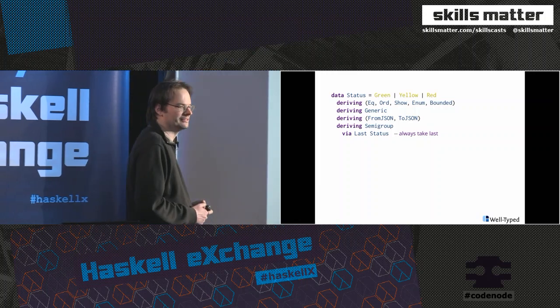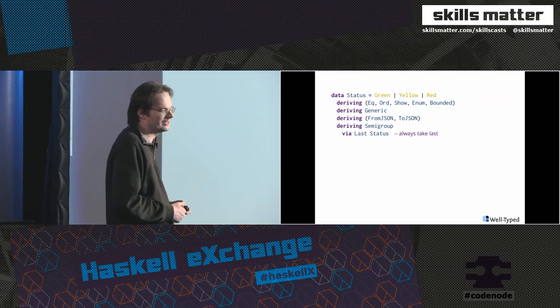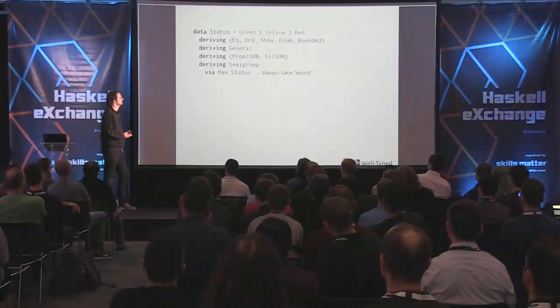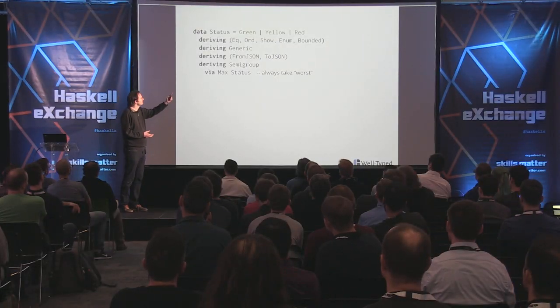We can say Last Status, and that'll give us the instance that always takes the last of the two things. Or we can say Max Status, and that'll give us the one that always takes the worst of the two things.